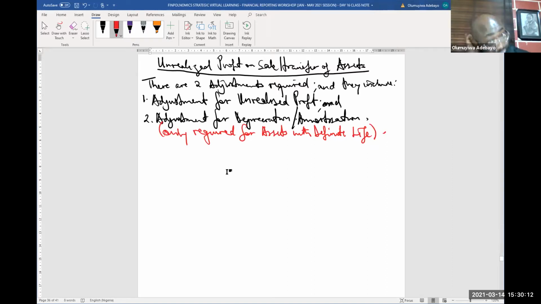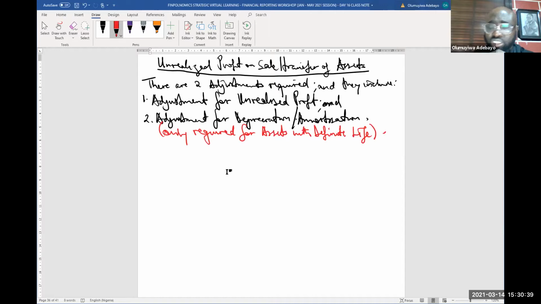What it means is this: if the asset to transfer is not depreciable, because it has an indefinite life, such as land, the second adjustment will not be required because that asset has not been depreciated.